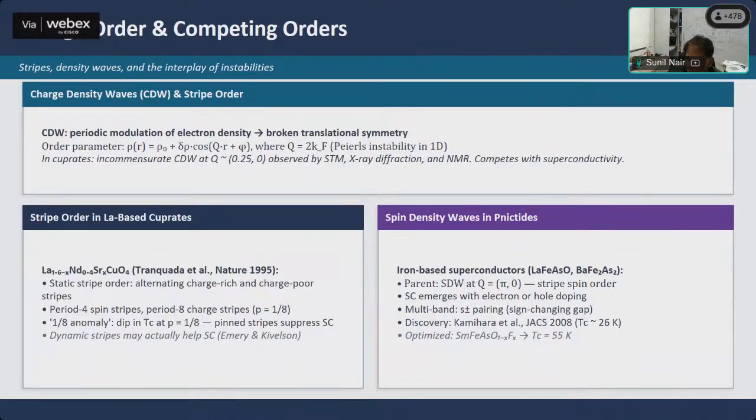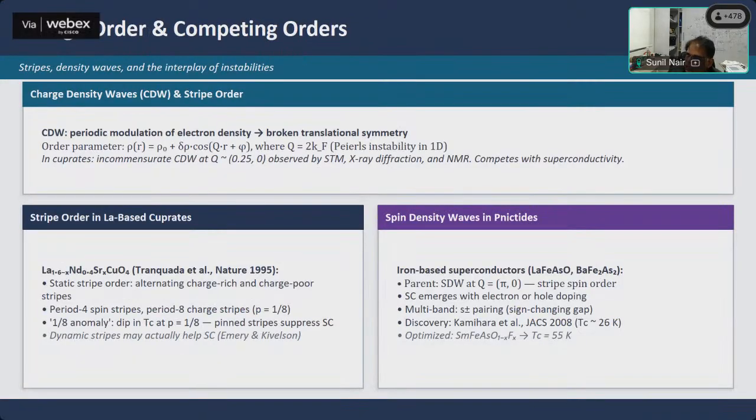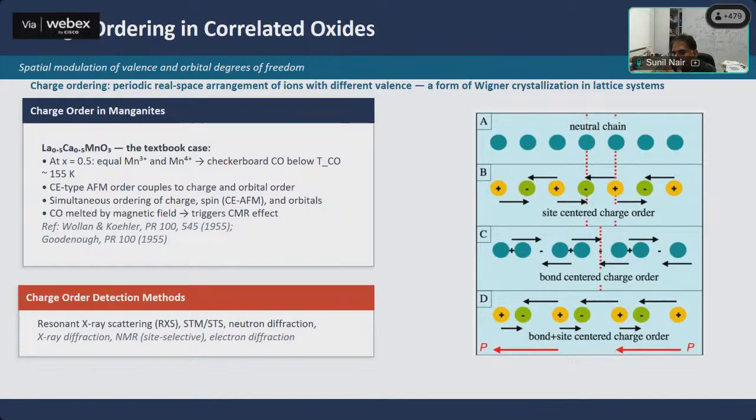Now, looking at the time, let me not go through everything. Okay, I'll maybe just go through charge order and leave the other part. So in many of these systems another very important phenomenon happens, and that is known as charge ordering.